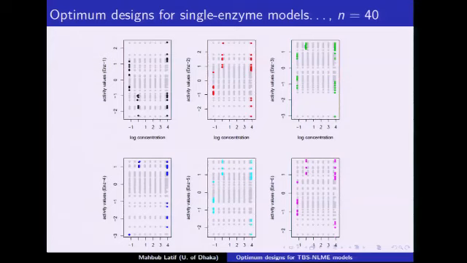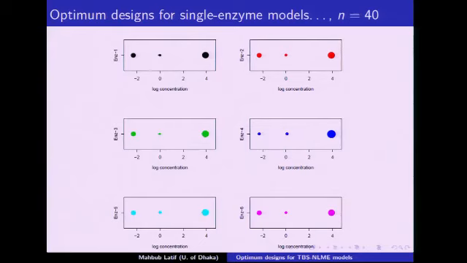For the first enzyme, at the low concentration level there are some points in the middle of the activity level, whereas for the fourth enzyme, at the low concentration level, the points are at the low level of the activity values. I just want to tell you that the design depends on the enzyme. Different enzymes' designs could be different.